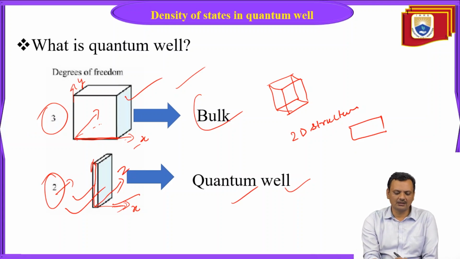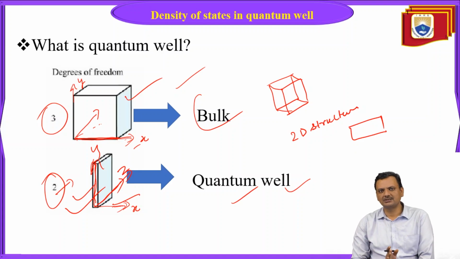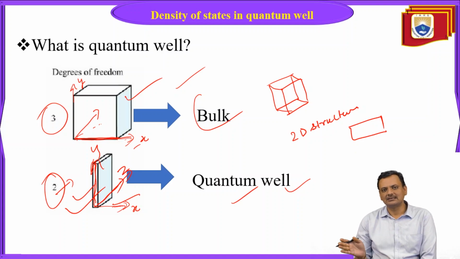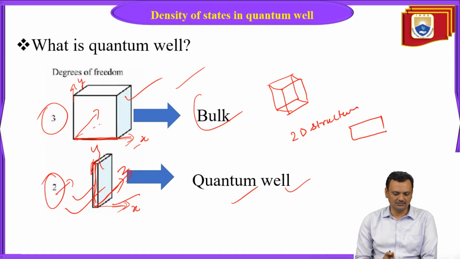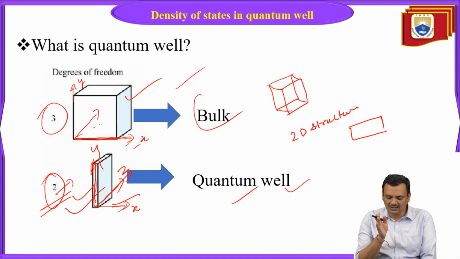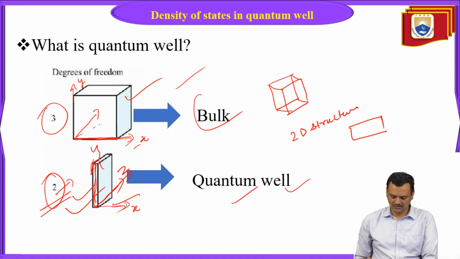But in the quantum well structure, the electron can move only in the z direction or the y direction, because you restricted the motion of the electron in the x direction. Your crystal does not grow in that direction, so how can the electron move beyond the crystal structure? So the degree of freedom is 2, meaning you confine one direction.